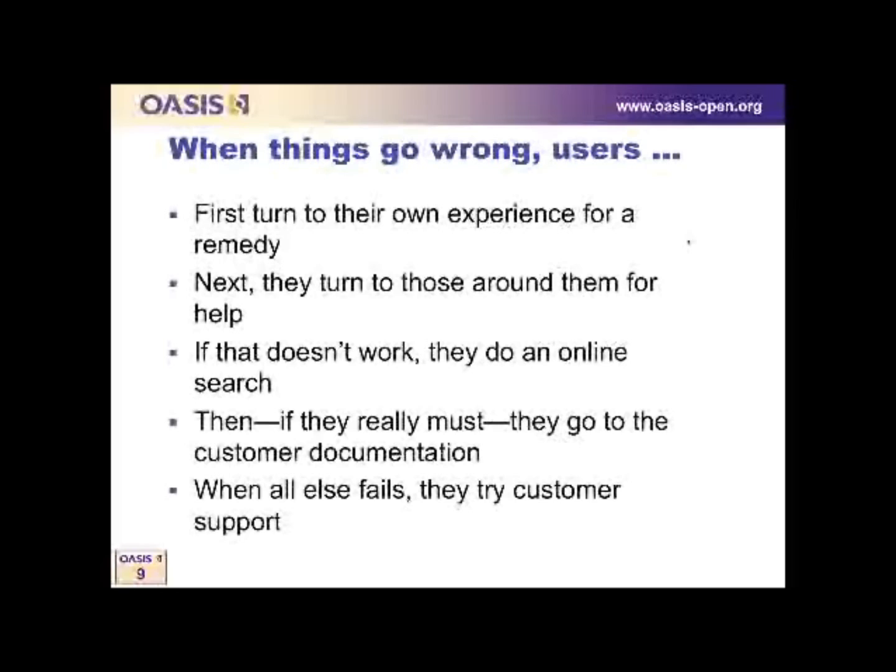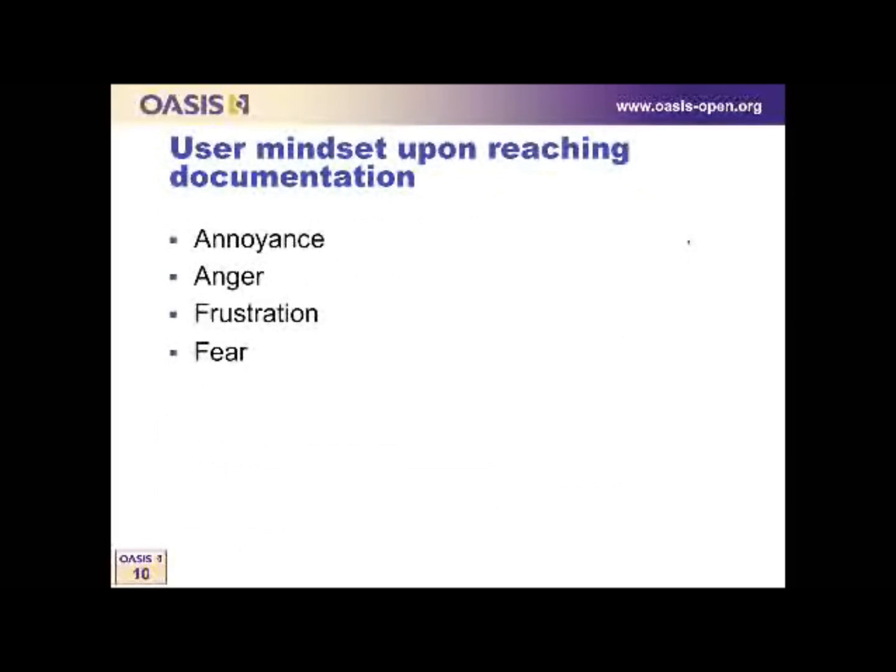So, if all else fails, then they call customer support. Okay, so how can we support this string of actions that we know are very typical in the user environment by providing better search and better access to problem-solving, troubleshooting information in the customer documentation. And, of course, keep them from calling customer support, which is a much more expensive way to solve the problem.